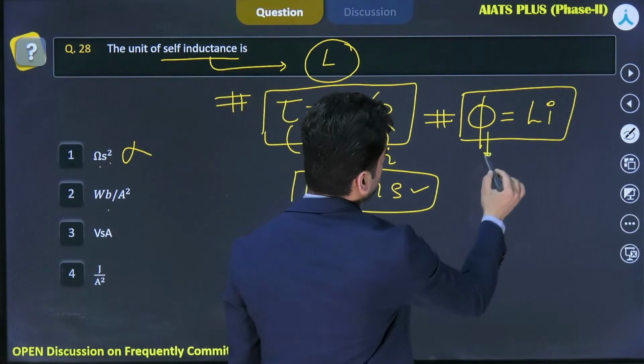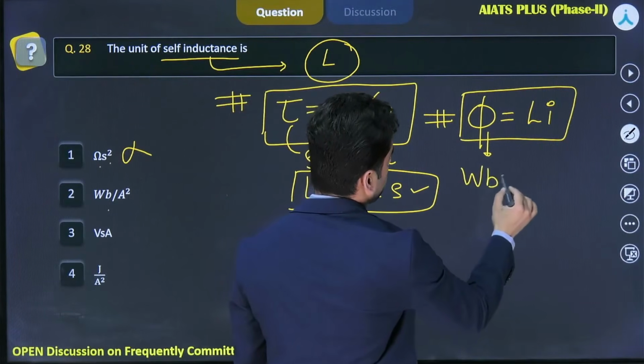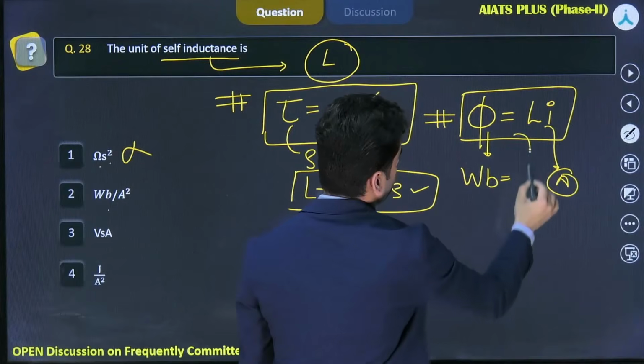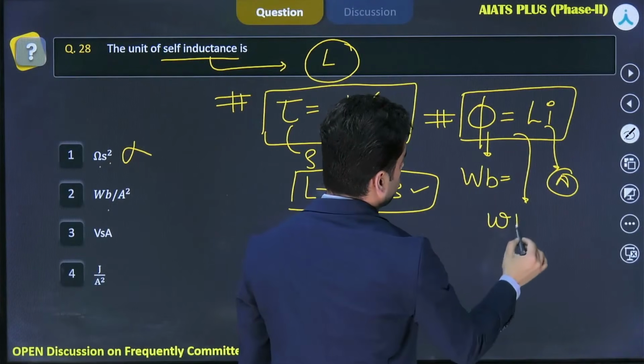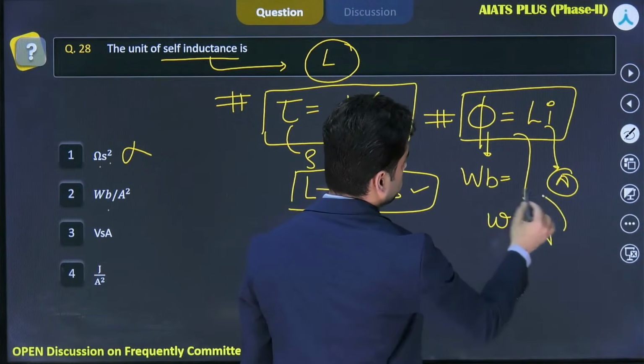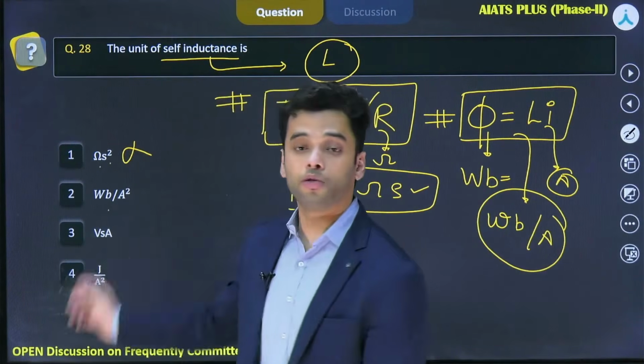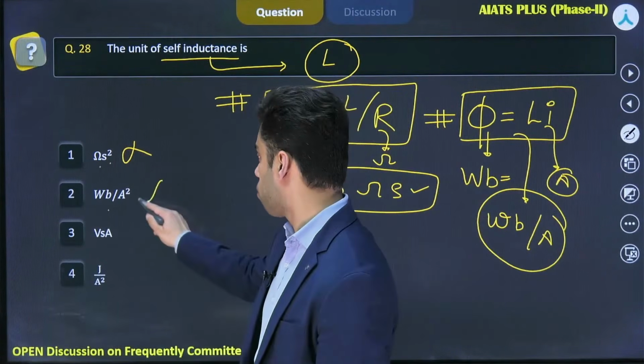Phi will have a unit of Weber, I will have a unit of ampere, so the unit of L comes out to be Weber per unit ampere. It is given as Weber per unit ampere square. So this one is also wrong.